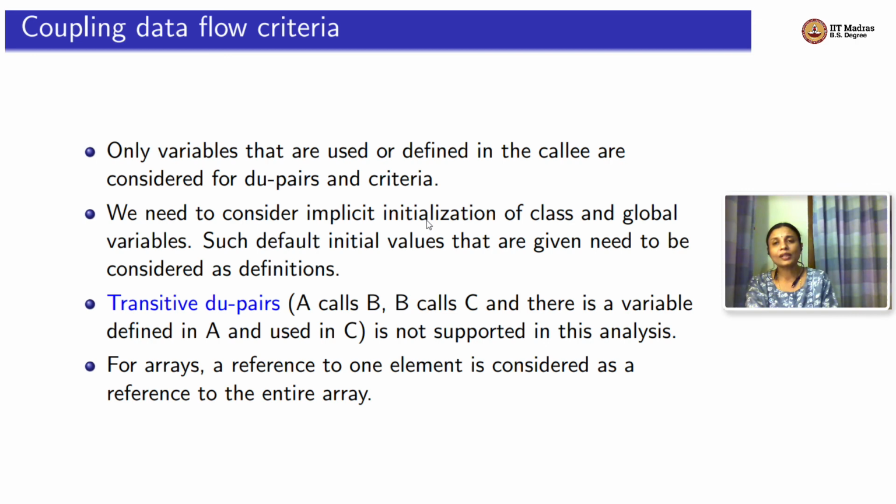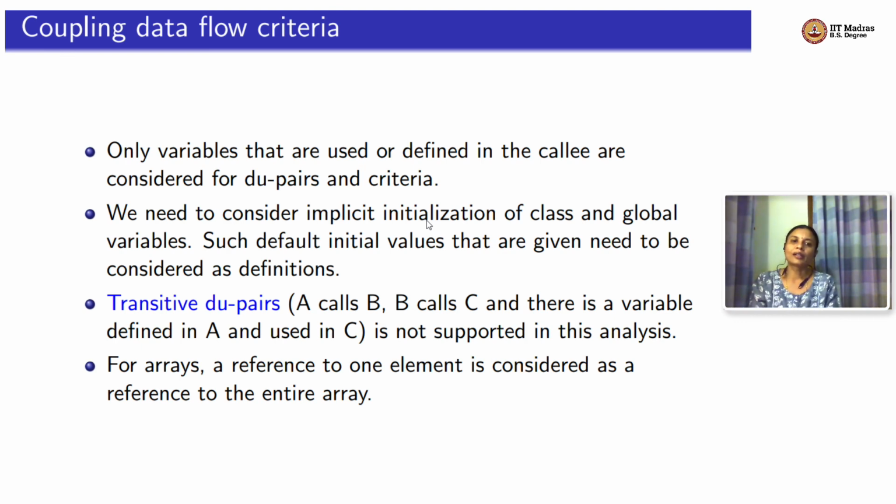Sometimes, even if we don't explicitly initialize a variable inside a method, we might have to consider implicit initializations that happen for class variables, global variables, and all. And these implicit initializations have to be considered as definitions for DU pairs.